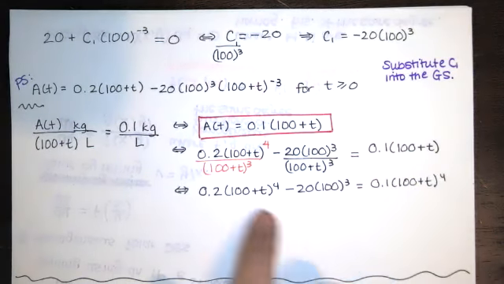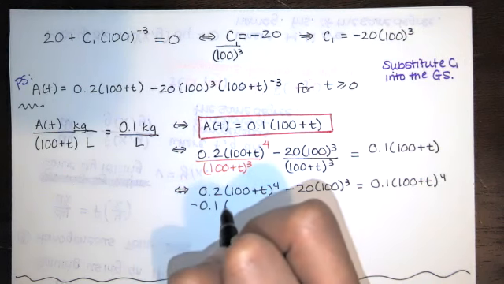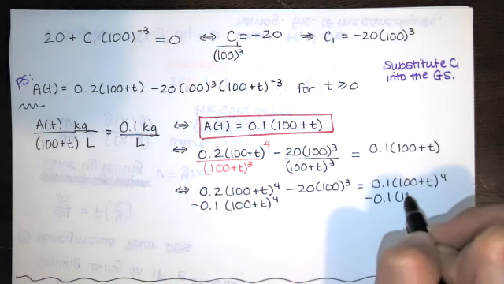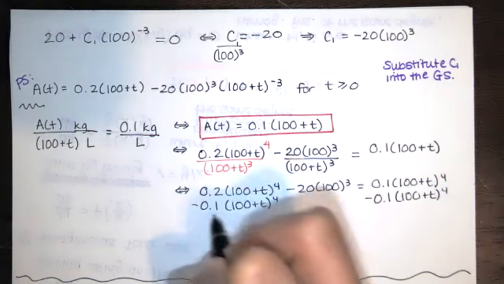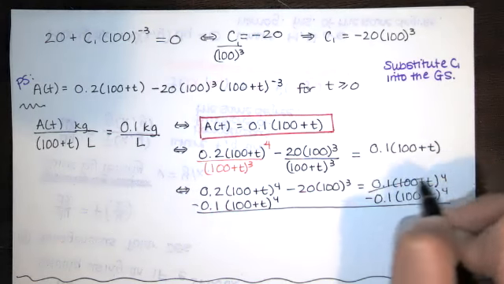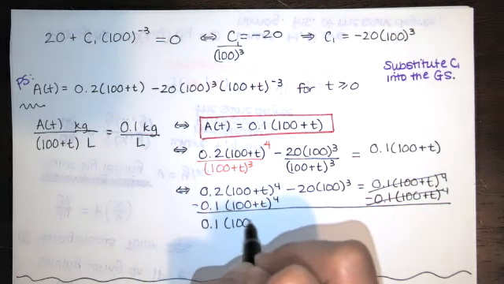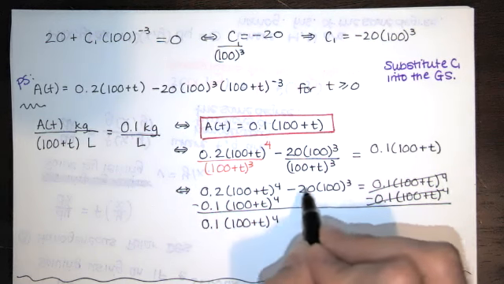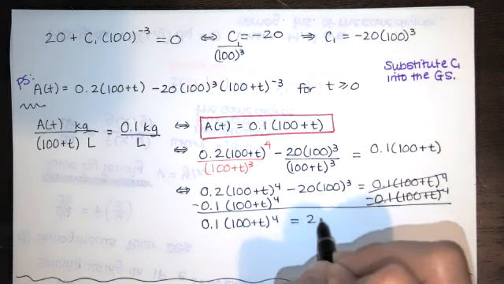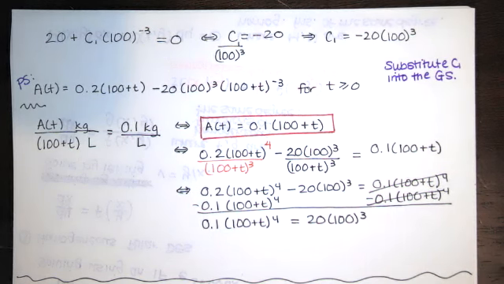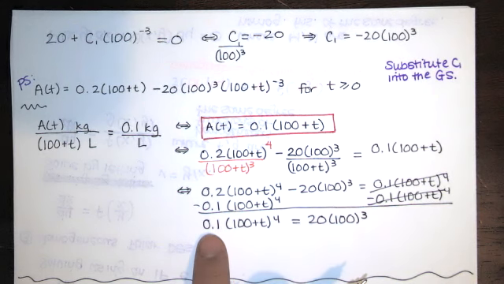And then if we subtract this from both sides and then add that over, what we end up with is this. We're going to have 0.1 times 100 plus T to the fourth over here, minus this equals 0. And if I add that to the other side, I'll have 20 times 100 cubed over there. Then to get rid of this 0.1, I will multiply both sides by 10.